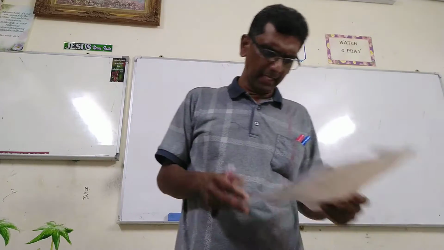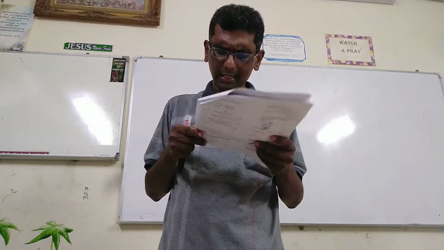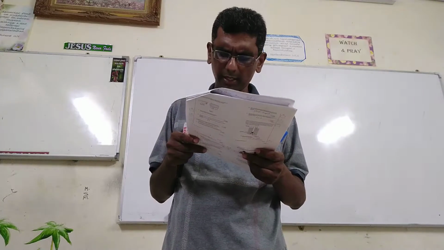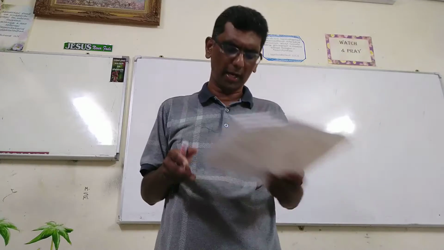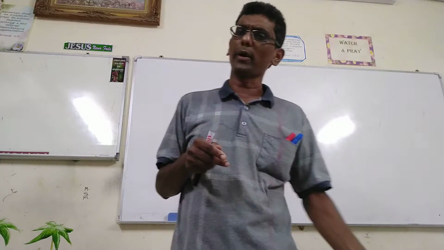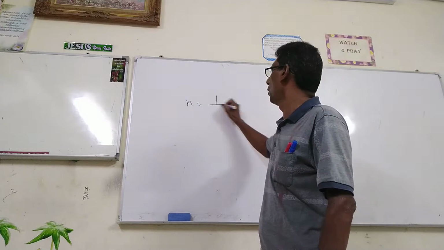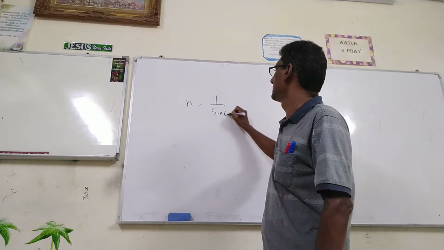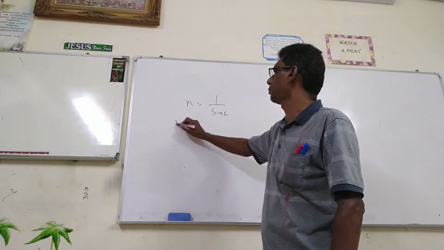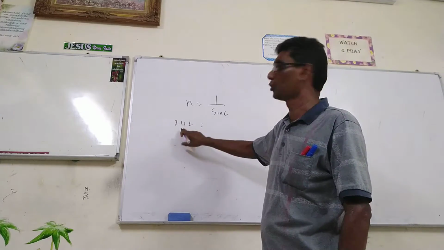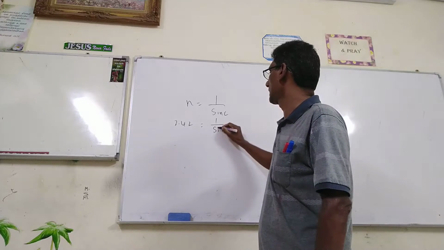Second question. Calculate the critical angle of the diamond. The refractive index of diamond is 2.42. So we must use the formula n equals 1 over sine c. The refractive index n is 2.42, which equals 1 over sine c.